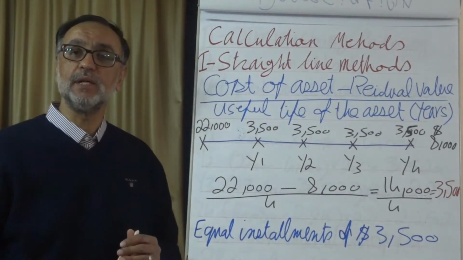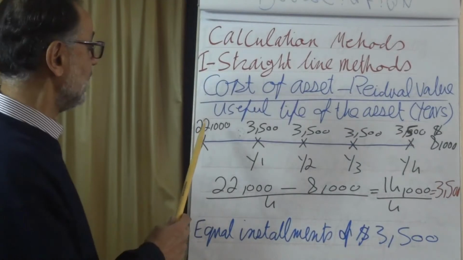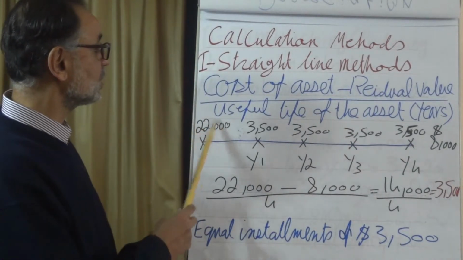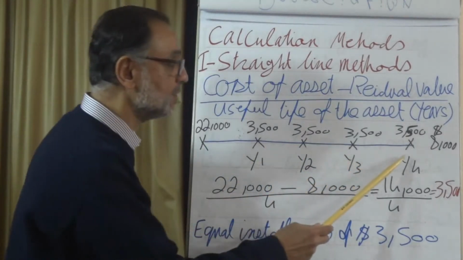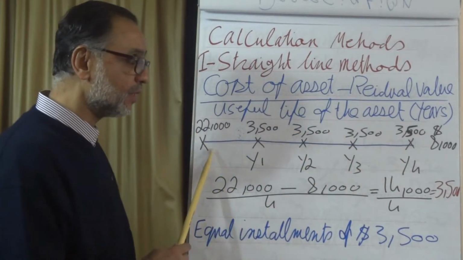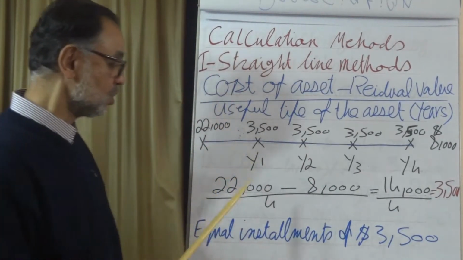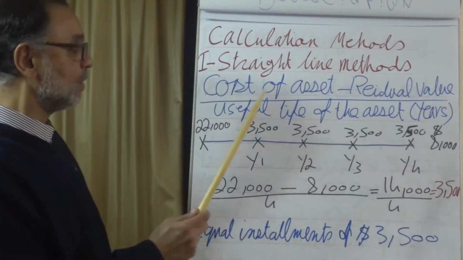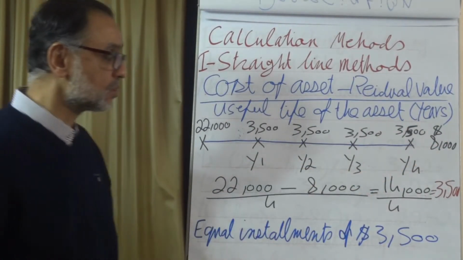So we have a very simple example that will make things clearer to you. We assume that we have an asset that cost us $22,000, and over 4 years of its useful life, we divide the net cost of it over the 4 years. So we have the 22,000, and the remaining residual value is $8,000.